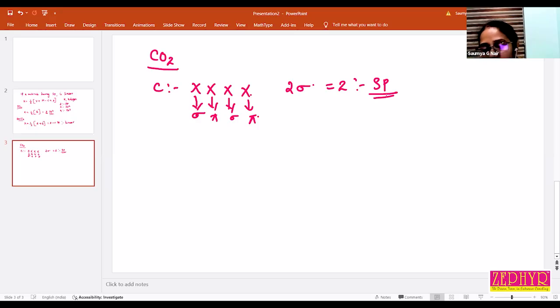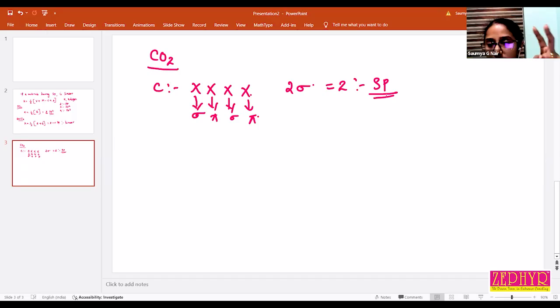Okay. We cannot use the above formula for all molecules. But this method we can apply for every molecule. Carbon outer shell contains 4 electrons. Carbon is bonded with 2 oxygen atoms. Oxygen forms a double bond, which means 1 sigma, 1 pi.